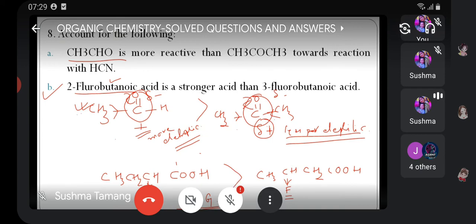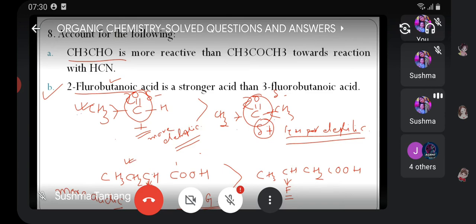This one, so this is more acidic. Though both have the same electron withdrawing group, this is more electronegative. Why? Because the electron withdrawing group is closer in this case.